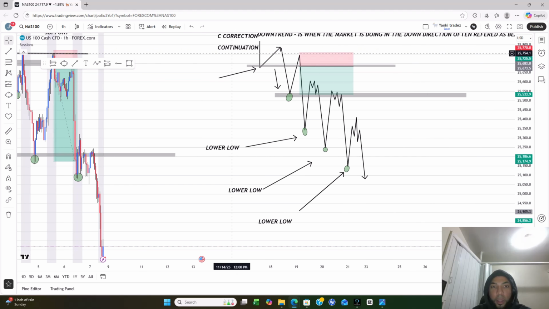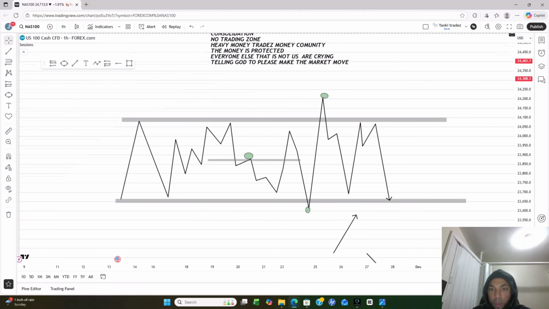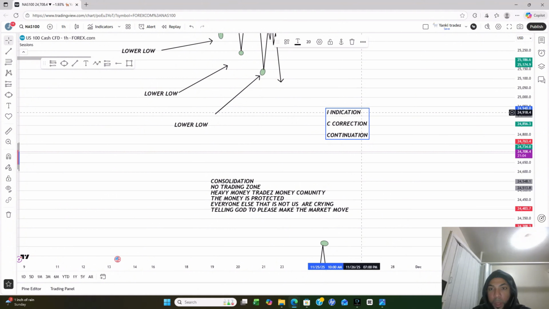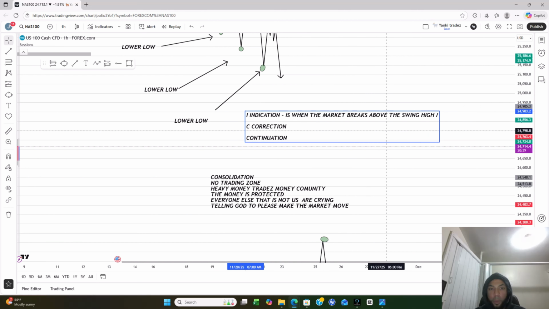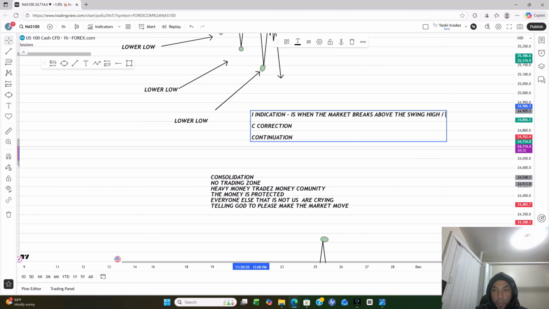Let me write it down so you can understand my terminology. Indication is when the market breaks above a swing high or swing low, is correct.